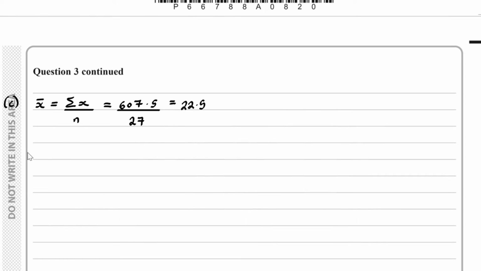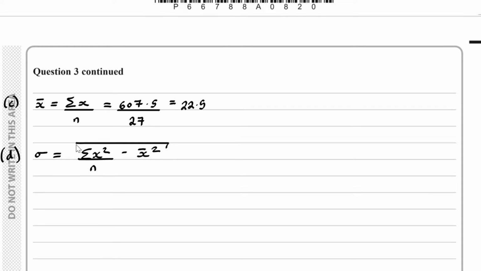So for part D of the question, the standard deviation, we'll call this standard deviation sigma, is equal to the square root of the sum of the x squareds divided by n minus x bar squared.